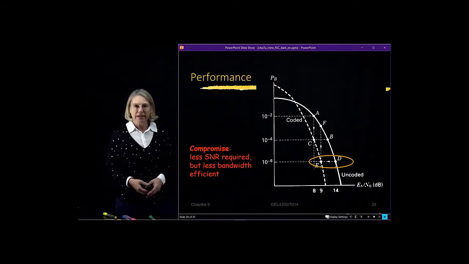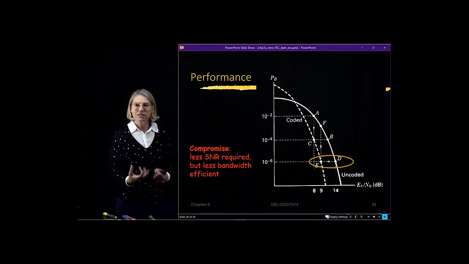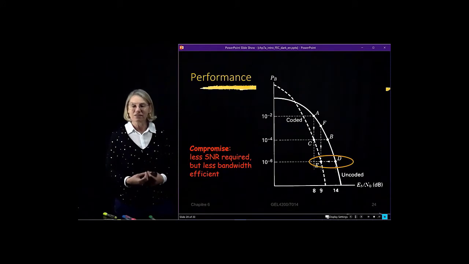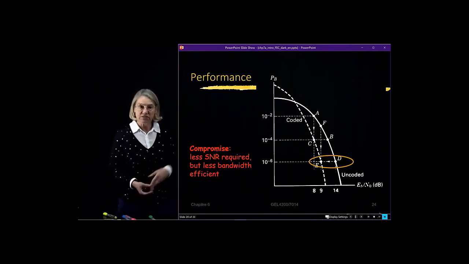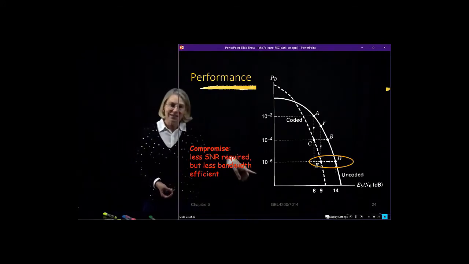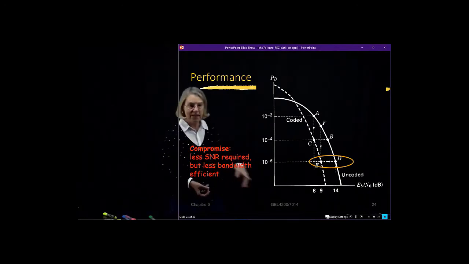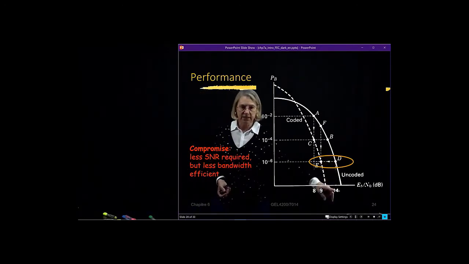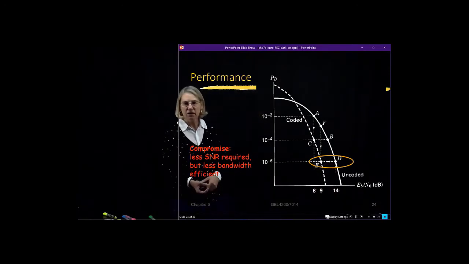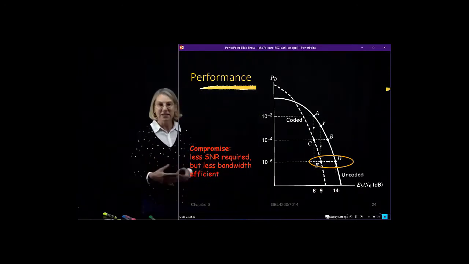Another way I can look at it is how much signal to noise ratio do I need for a given quality of service. For instance, suppose I want 10 to the minus 6 as my bit error rate. Well, if I don't use coding, then I'm going to be over here at point D, and I'm going to need something like 14 dB Eb over N0 in order to achieve that 10 to the minus 6.